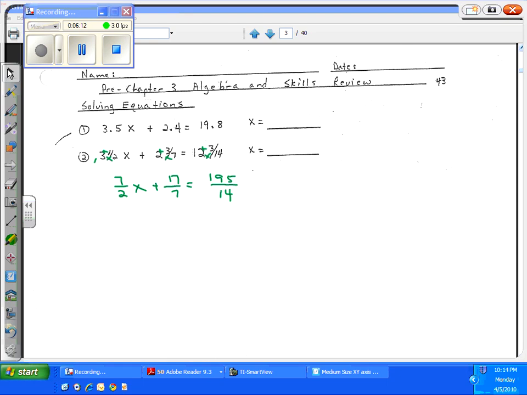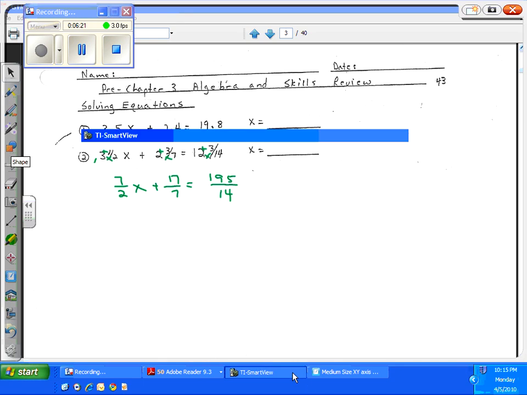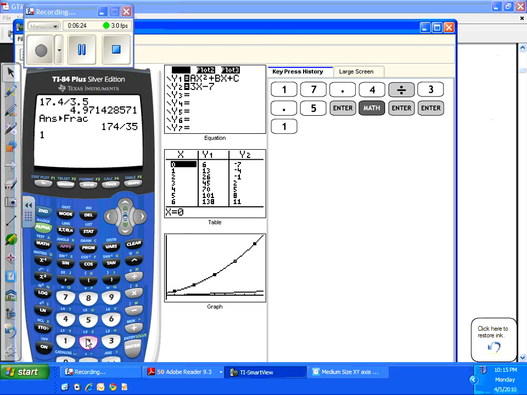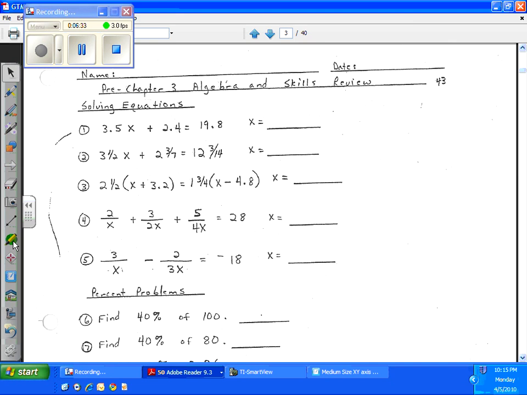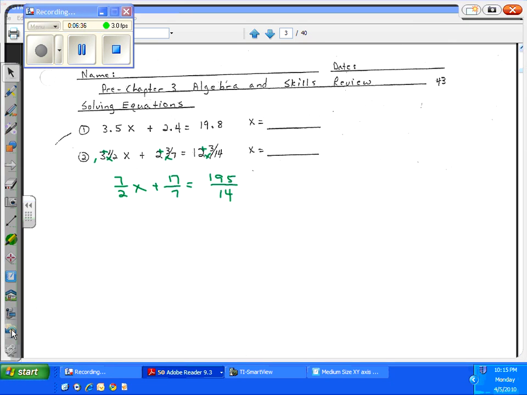I better multiply that out. I'm trying to mess up here. 12 times 14 plus 3. Enter. 171. Sorry. 171/14.